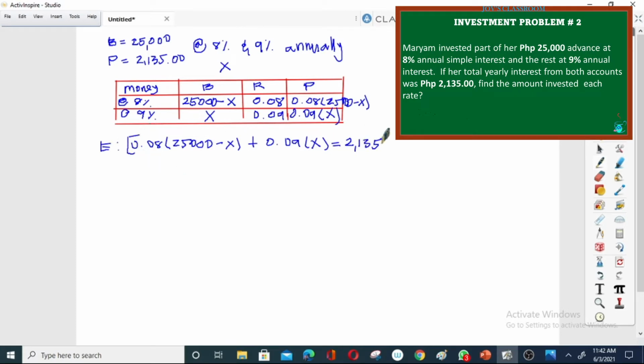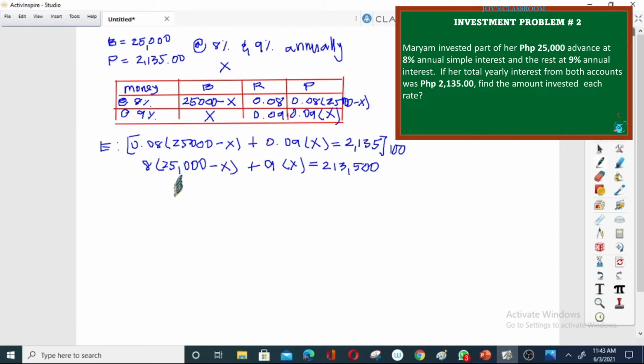Again, multiply both sides by 100 to get rid of the decimal point. So this is 8 multiplied by 25,000 minus x plus 9 multiplied by x is equal to 2,135 multiplied by 100, which is 213,500.